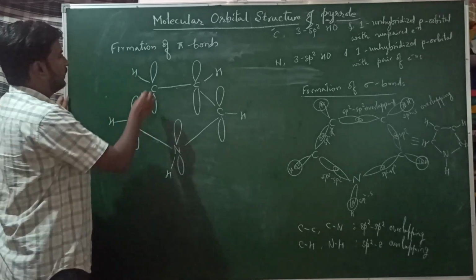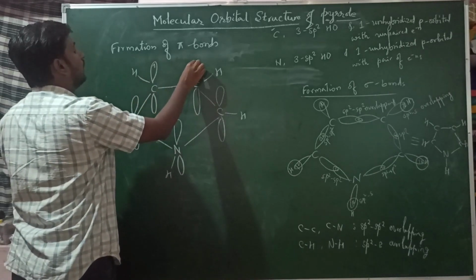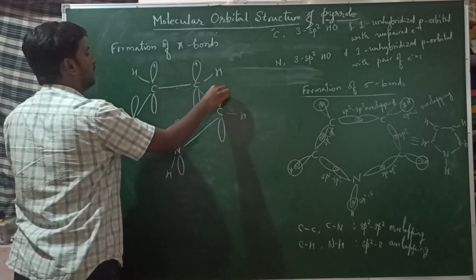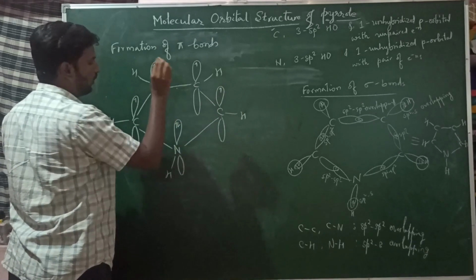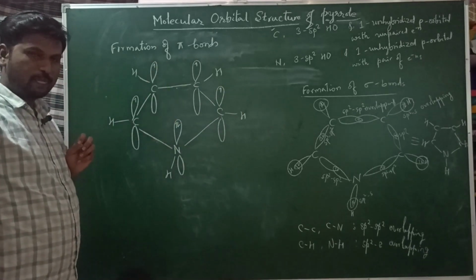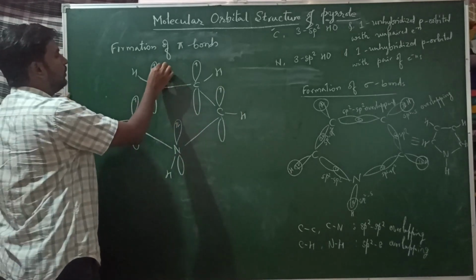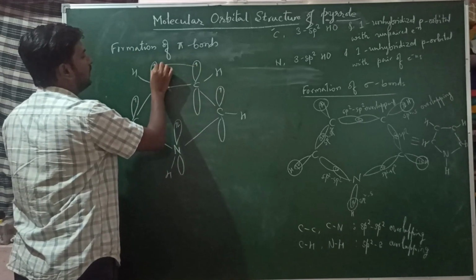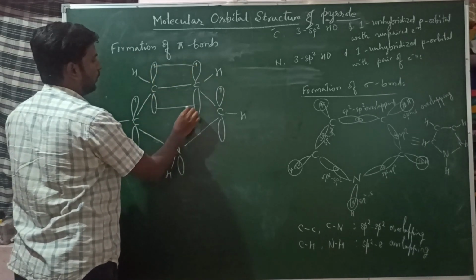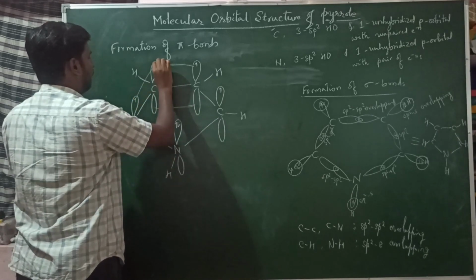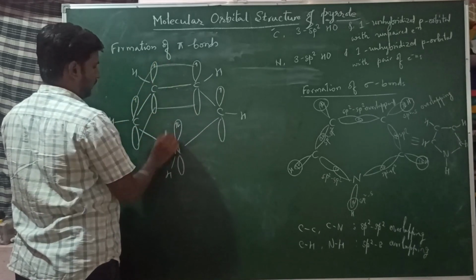In the case of carbon, each carbon orbital has an unpaired electron, and nitrogen has a pair of electrons. These all will show sideways or lateral overlapping, upper lobe, lower lobe. Here also the upper lobe, lower lobe.